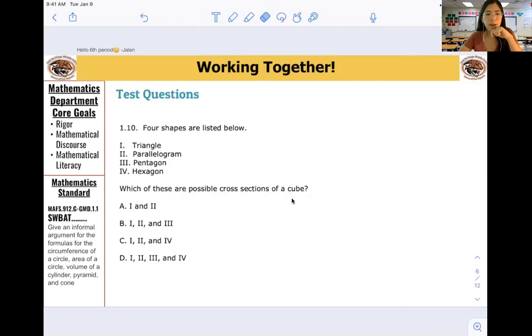So which of these are possible cross sections of a cube? Think about it for about 30 seconds, try to visualize it, and then we'll watch the video and see if we learn something new.